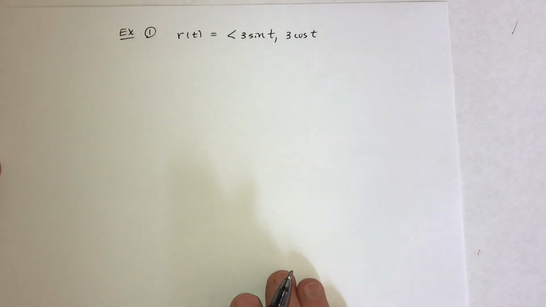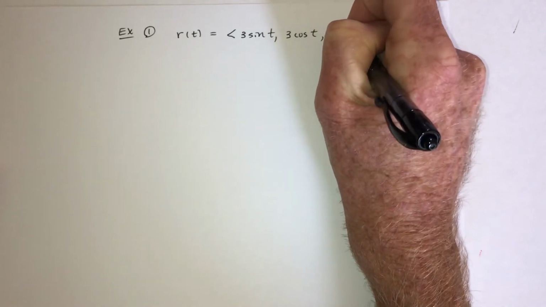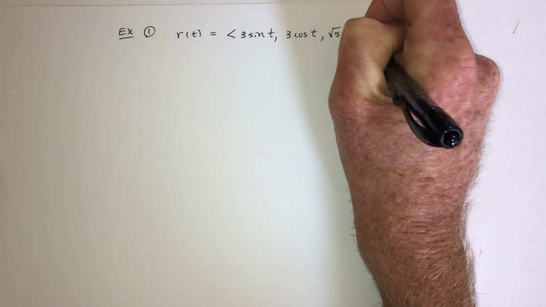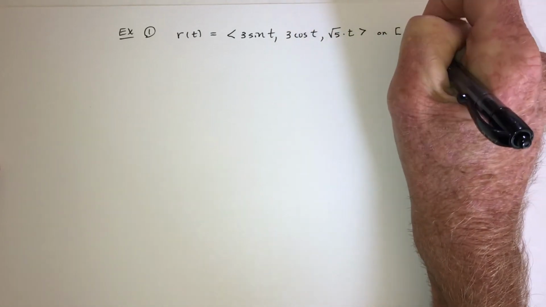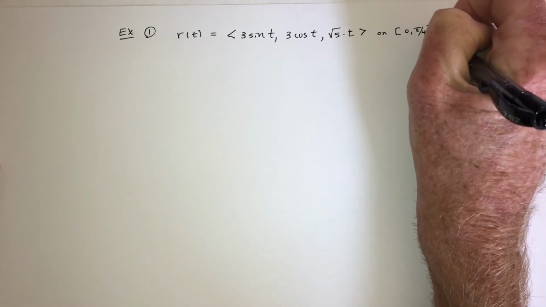So that part right there would make a circle. It would be a circle of radius 3. And then it's going to go up because the z value is going to be the square root of 5 times t. And then this one's going to be on the interval from 0 to pi over 4.